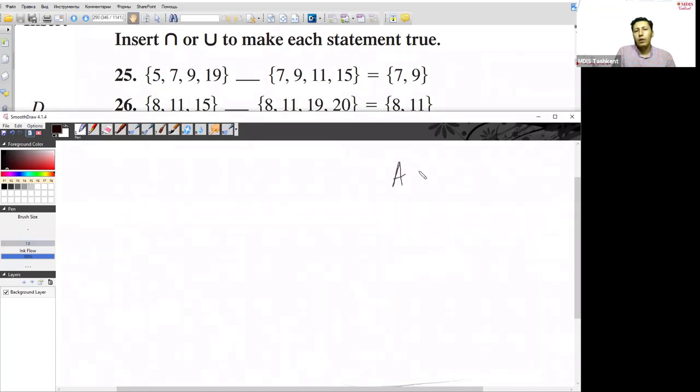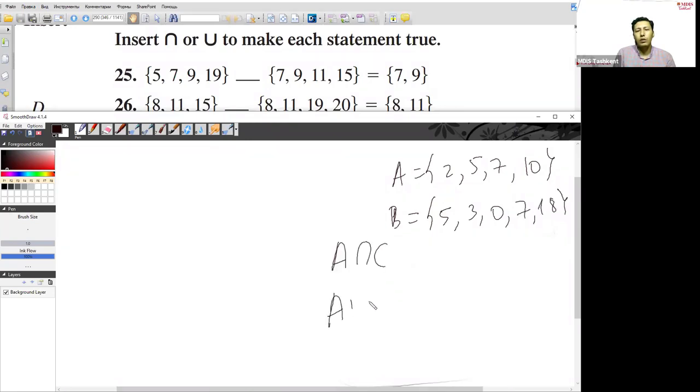For example, A is {2, 5, 7, 10}, and B is {5, 3, 0, 7, 18}. So what is intersection and what is union? Okay, this is union, this is intersection.